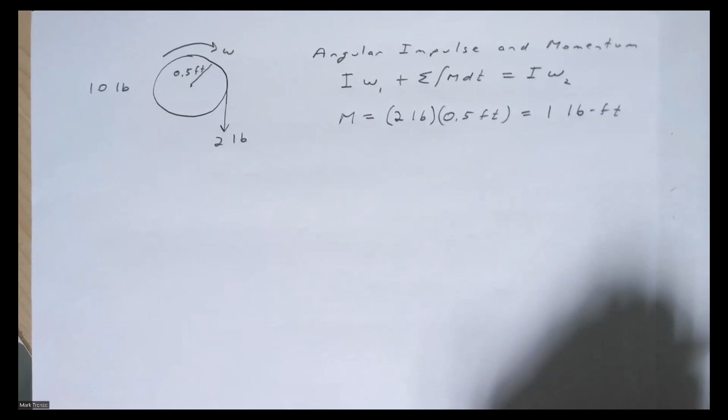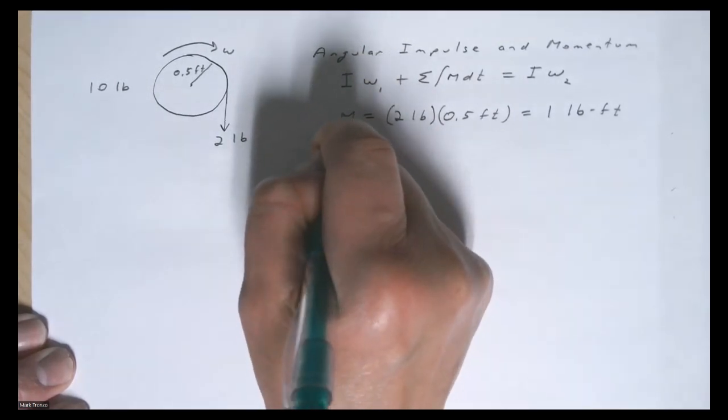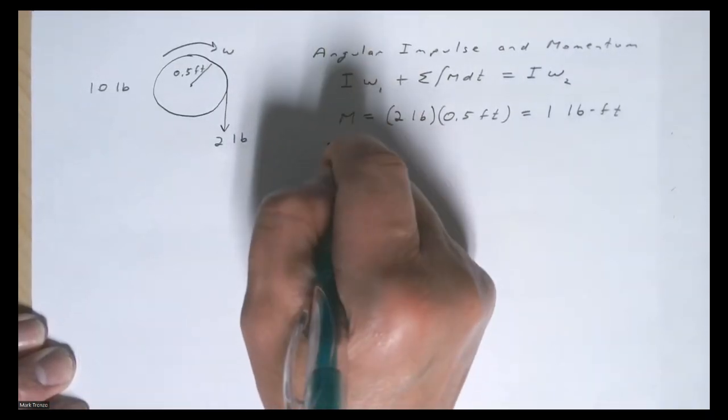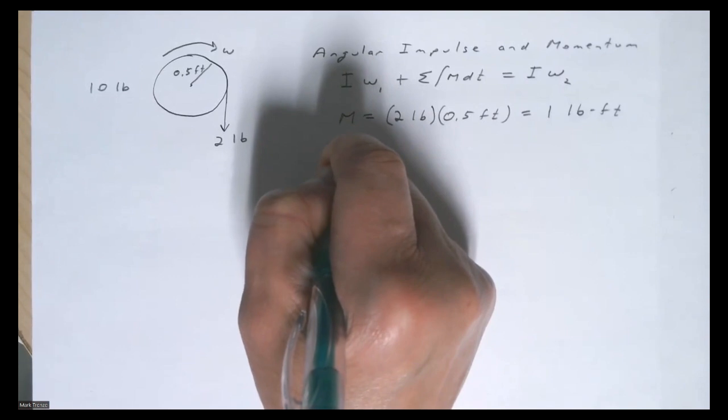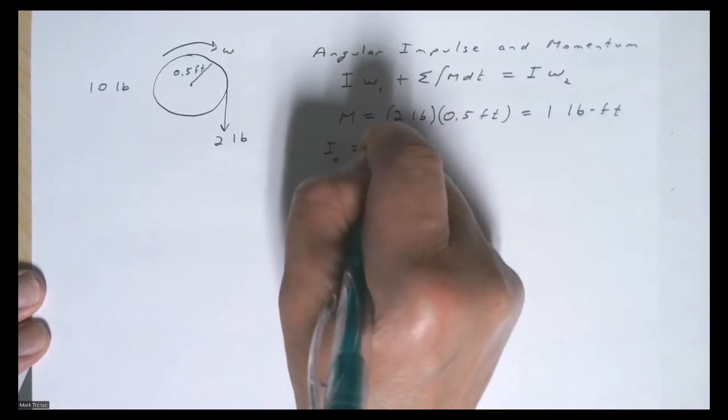And let's see, what else are we going to need? We're going to need the mass moment of the disc. Again, it's about its center. Now it's rotating about its center, so we're not going to have to use the parallel axis theorem this time.